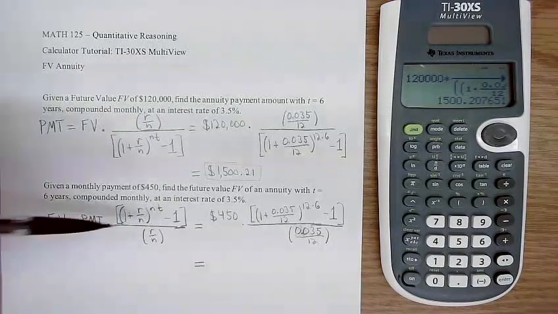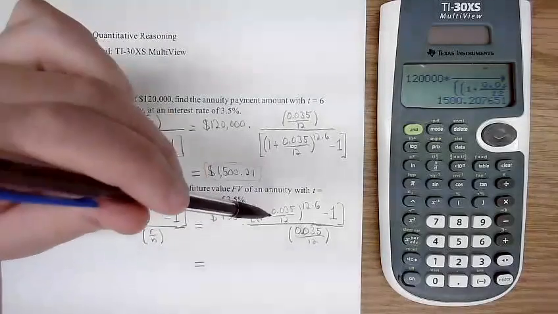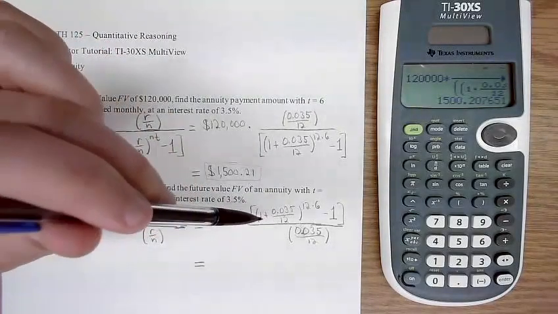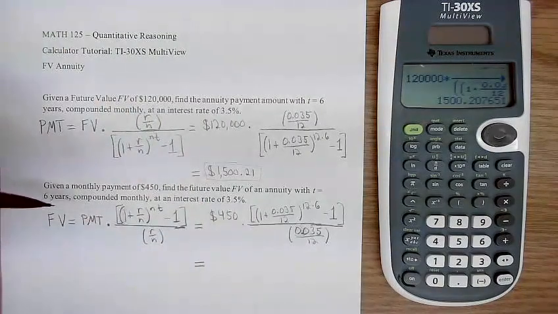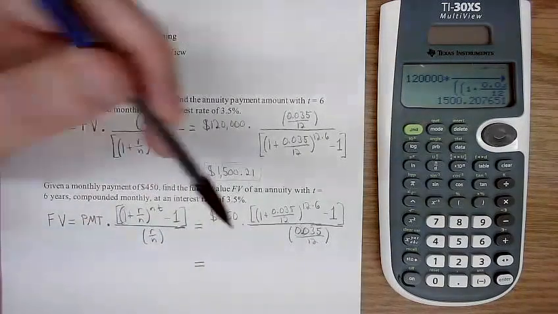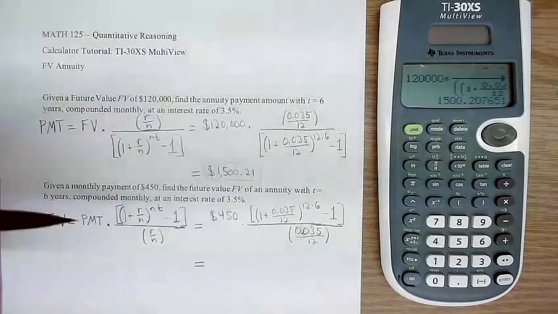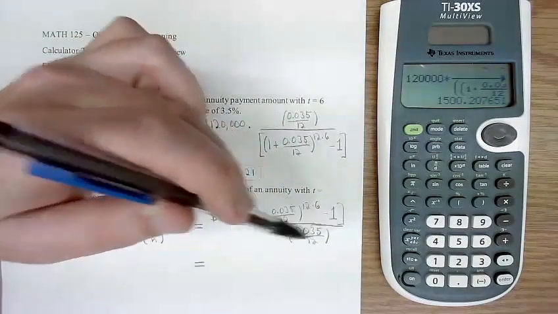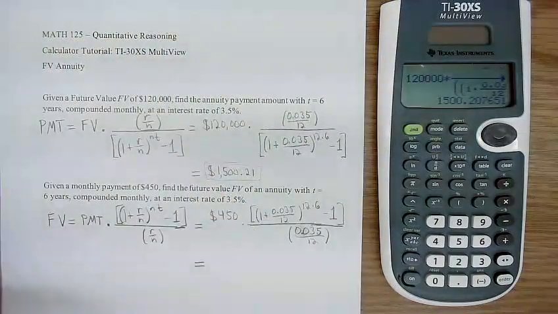So with our numbers, my payment is $450. My rate is 0.035 or 3.5%, but we're always going to use the decimal, divided by 12, the number of compoundings N, because we're compounding monthly. Raised, again, N is 12, so we'll do 12 times T, which is given as 6, and then subtract off 1, all again divided by the 0.035 divided by 12.